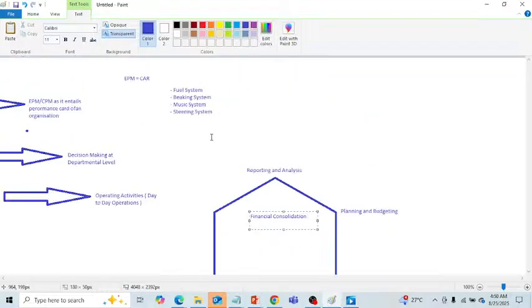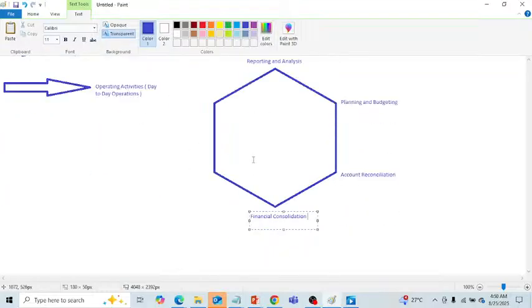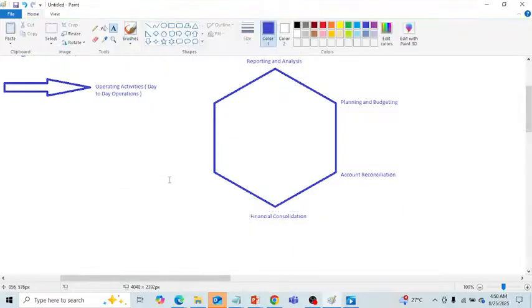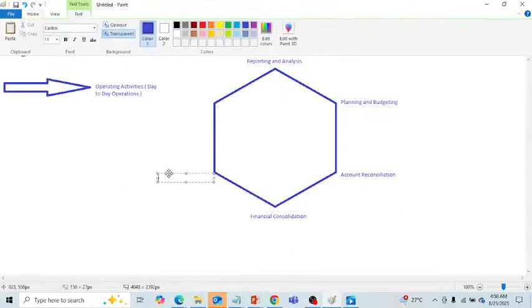Then we have profitability and cost management.